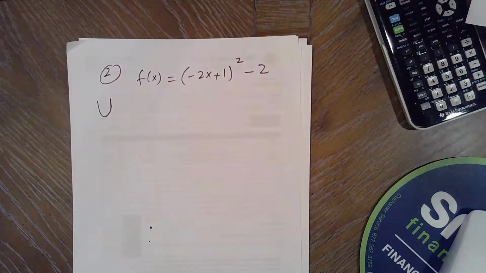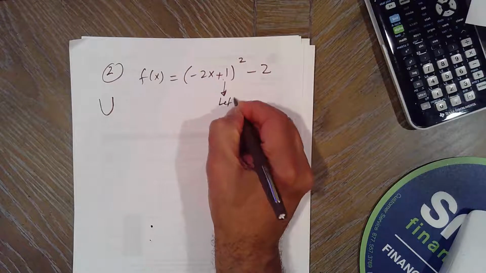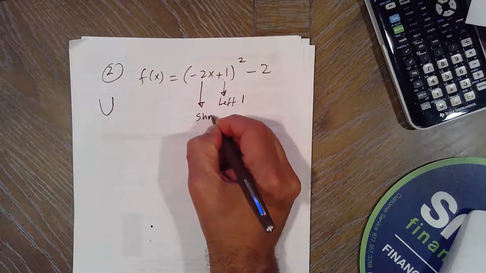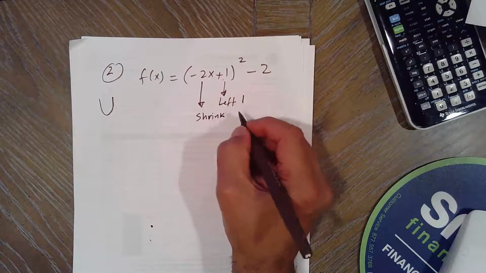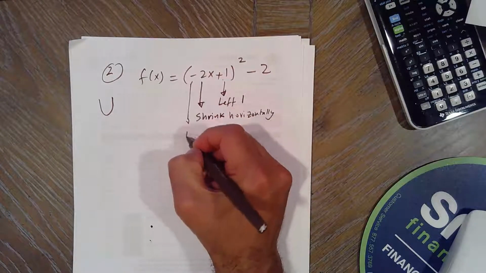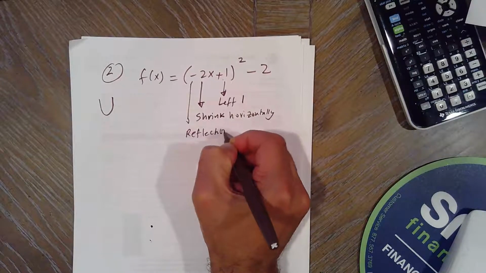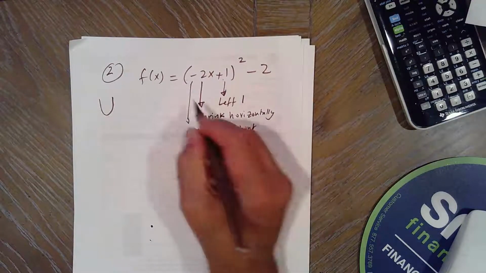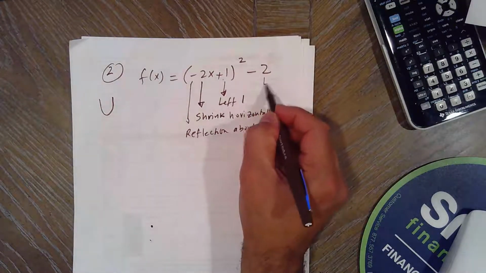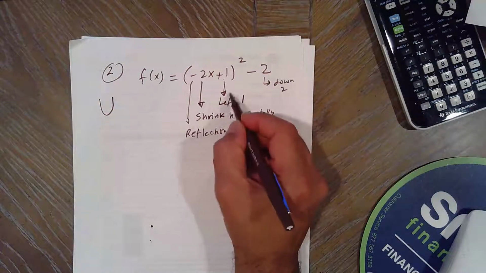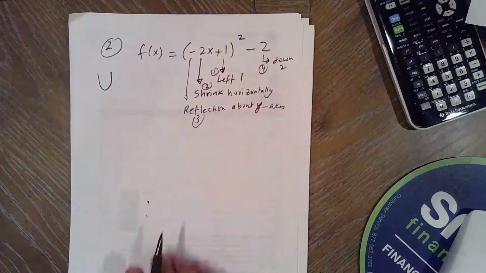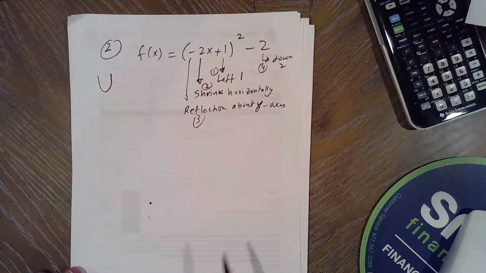We're going to go inside the parentheses, left 1, and then we're going to shrink horizontally, and then reflection about the y-axis, because that's f of negative x, and then down 2. So 1, 2, 3, okay, and it's going to have a U shape or upside down U shape.